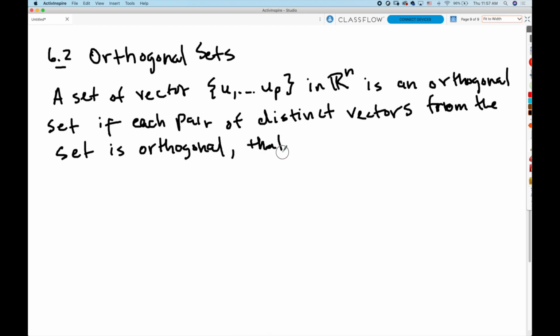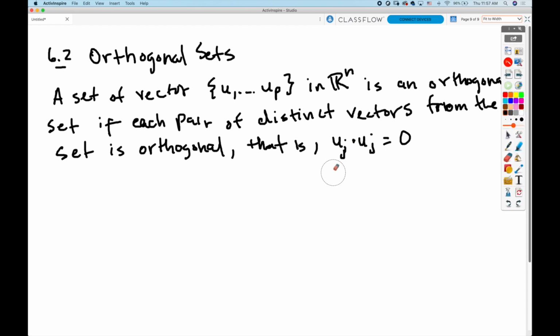Basically, what that means is ui dot uj is equal to 0 whenever i is not equal to j. So let me show you a quick example.